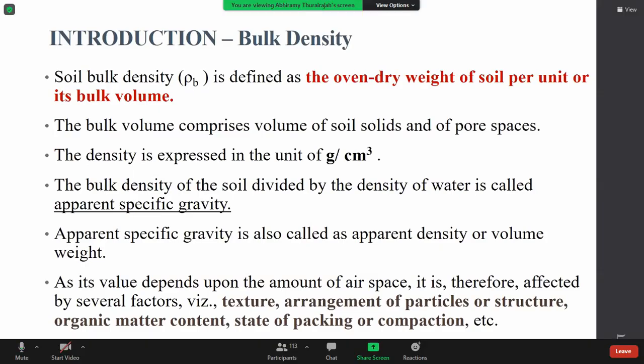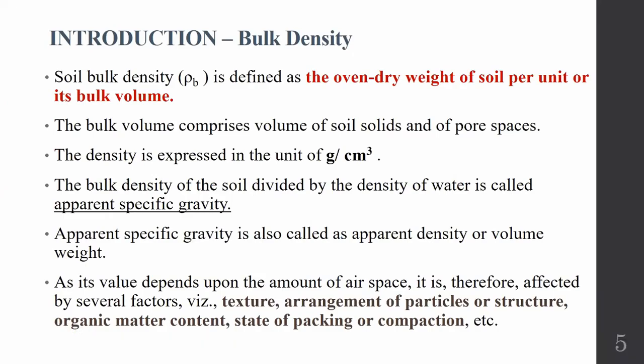Okay, good. What is the definition of bulk density? Can anyone else tell me? Dry weight of soil per unit. Yeah, bulk density means the oven dry weight of soil per unit, or we can say the oven dry weight of soil per its bulk volume. We use that total volume. Then what are the components of the bulk volume?